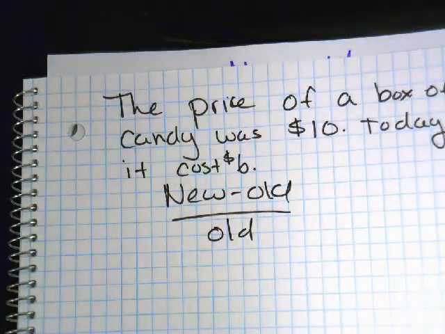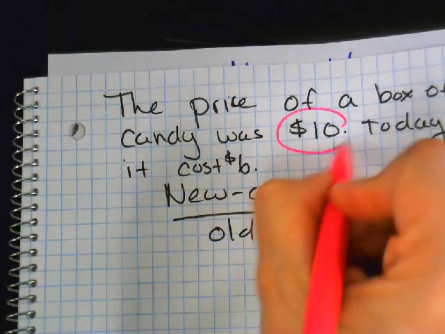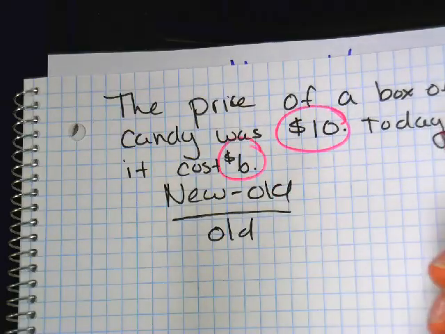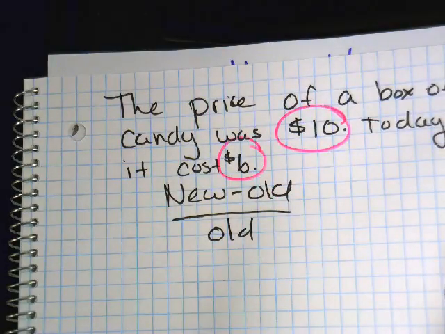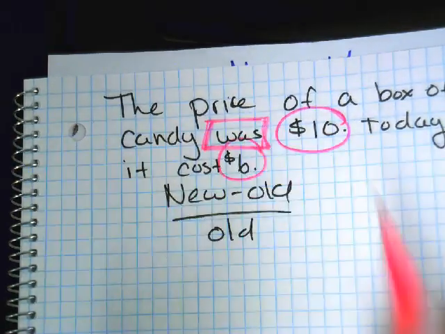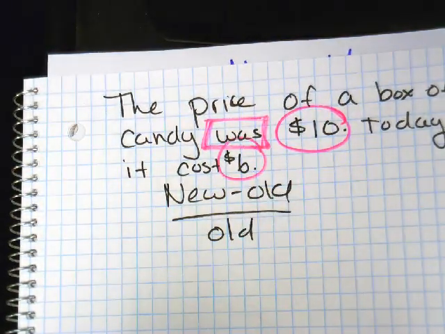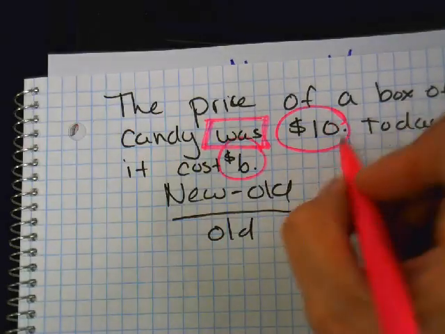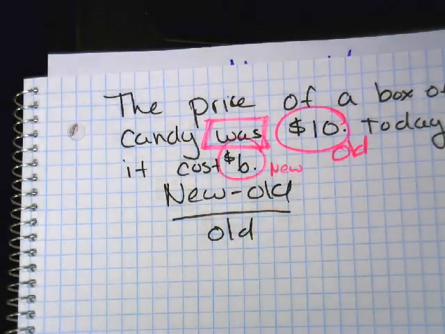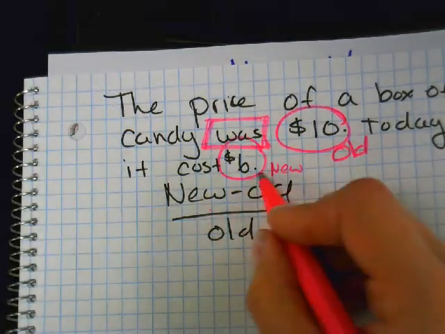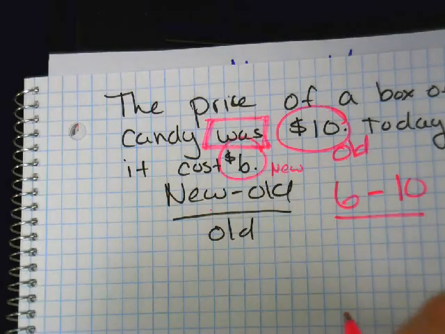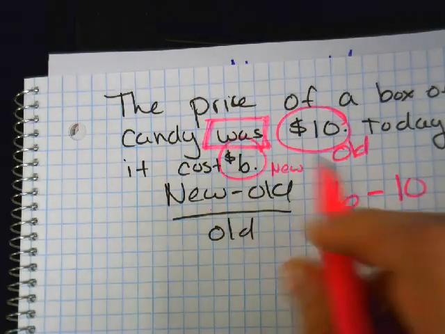You have 2 numbers, the 10 and the 6. Which of these 2 numbers is your new? Which of these 2 numbers is your old? The word was is past tense, so that should give you a clue. 10 is your old, 6 is your new. So new is 6 minus what's my old? 10 divided by what? What number goes here, the 6 or the 10?